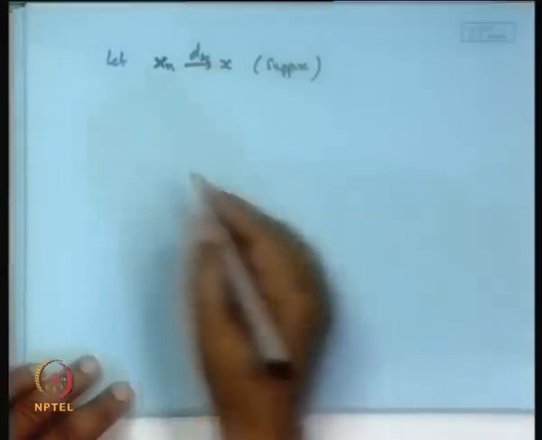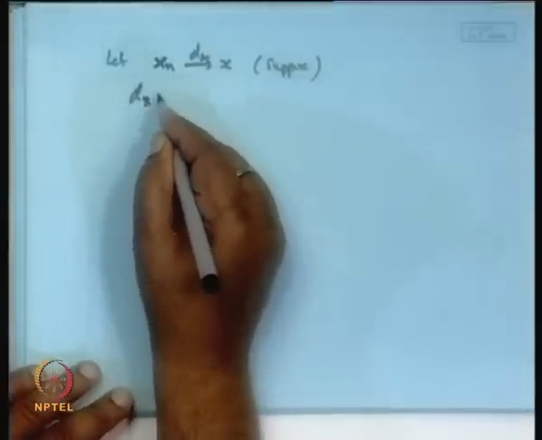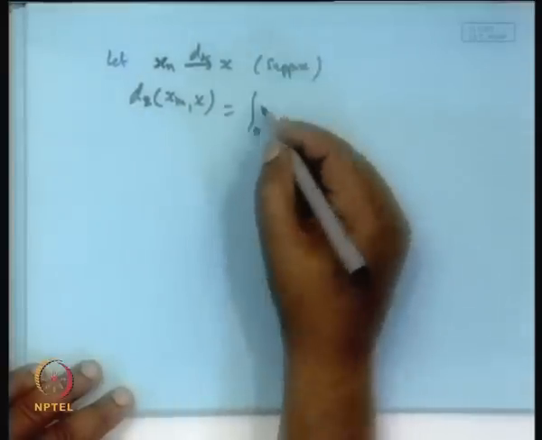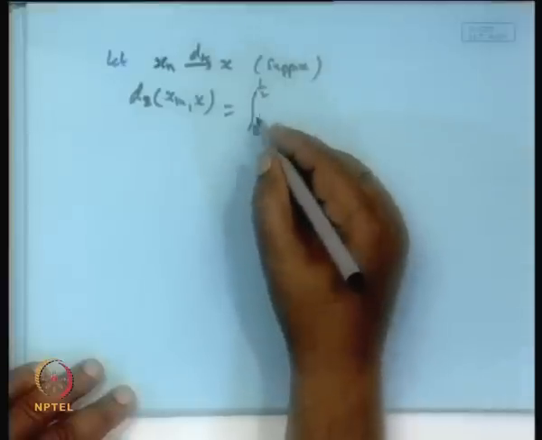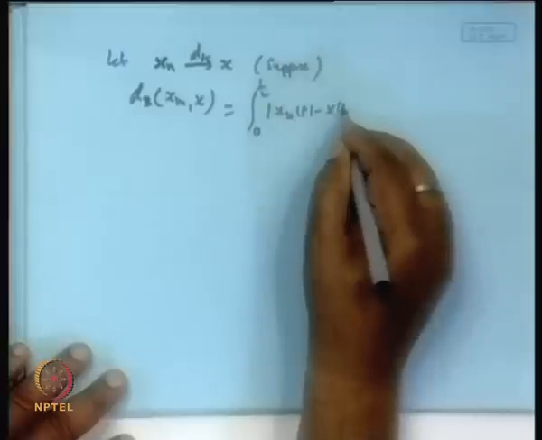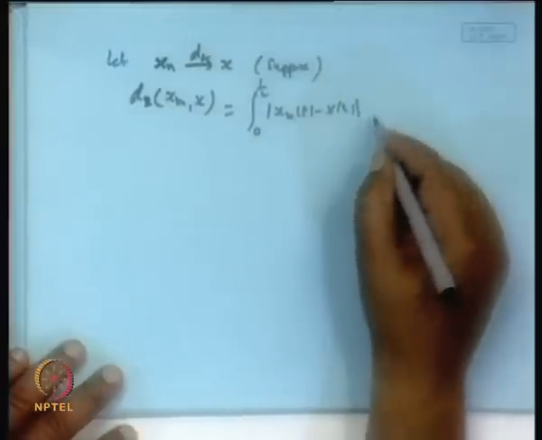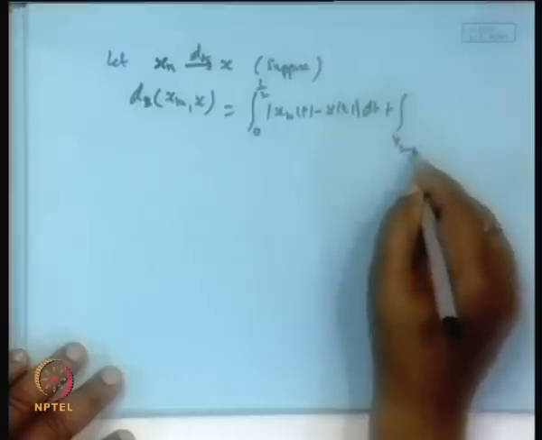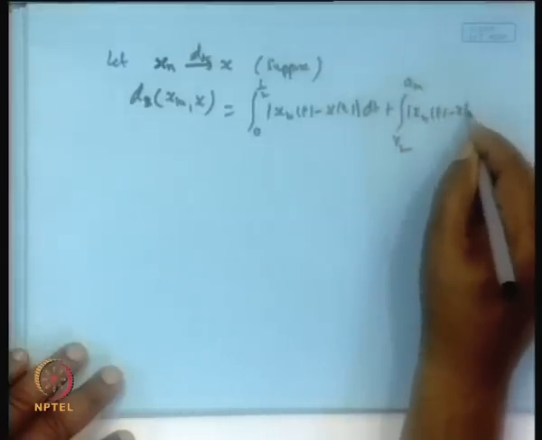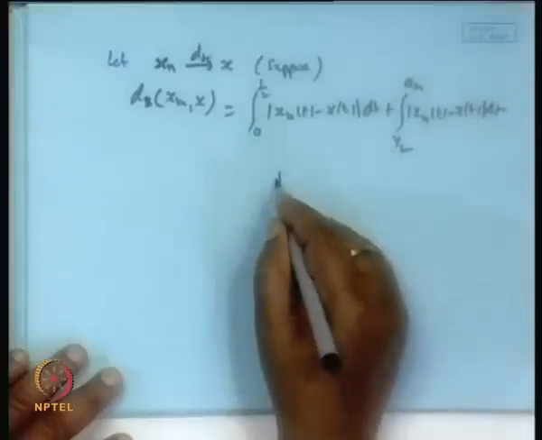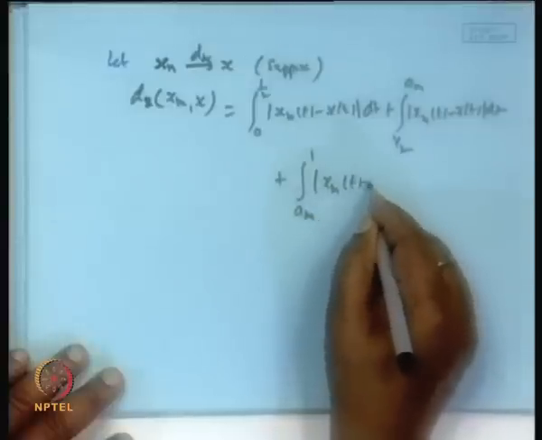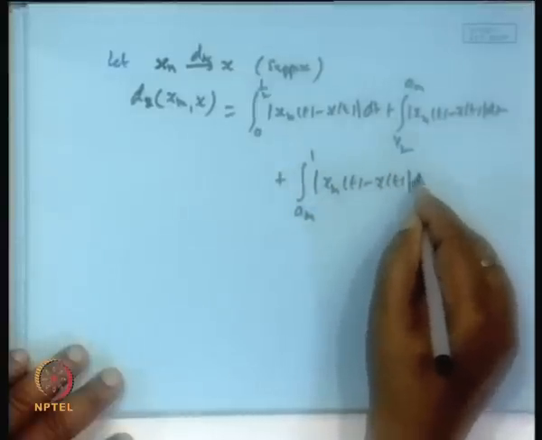Then what happens is D2(x_m, x) is equal to the integral from 0 to half of mod of x_m(t) minus x(t) dt, plus the integral from half to a_m of mod of x_m(t) minus x(t) dt, plus the integral from a_m to 1 of mod of x_m(t) minus x(t) dt.